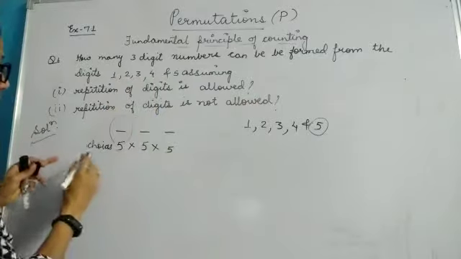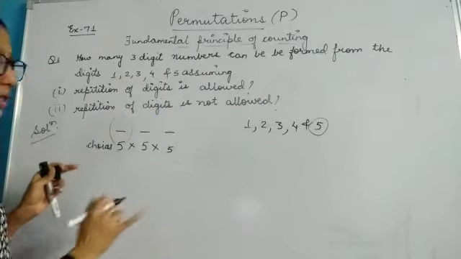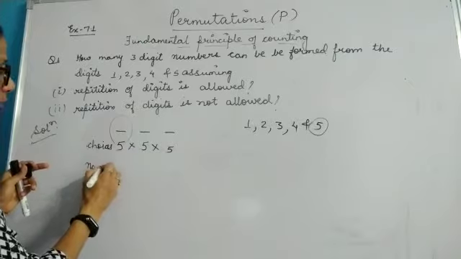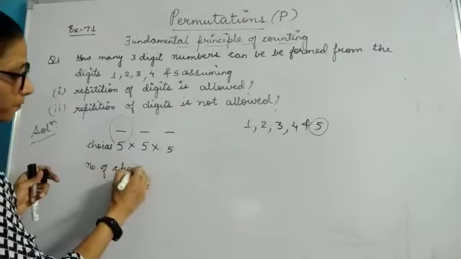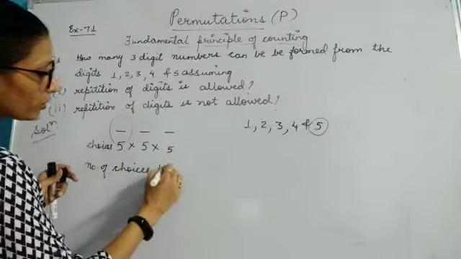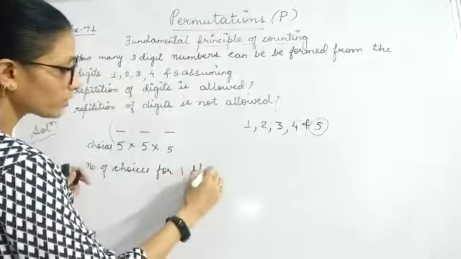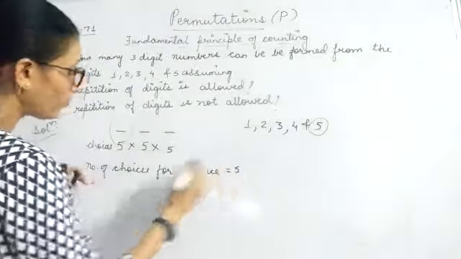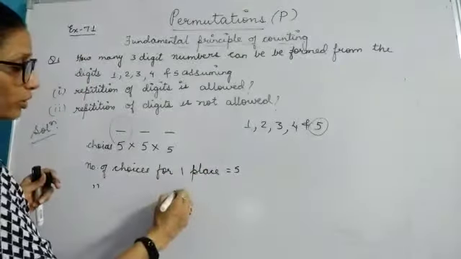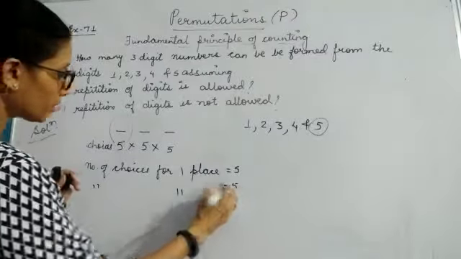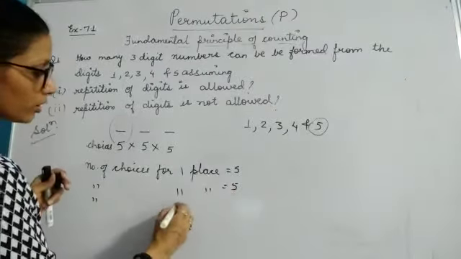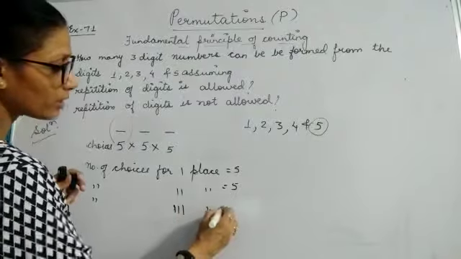So here you will be writing your statement as number of choices for first place is equal to 5. Then again you will write number of choices for second place, again it is 5. Number of choices for third place, it is again 5.